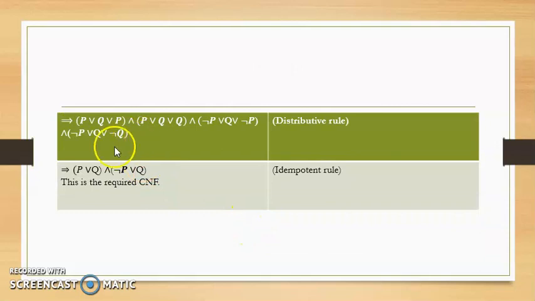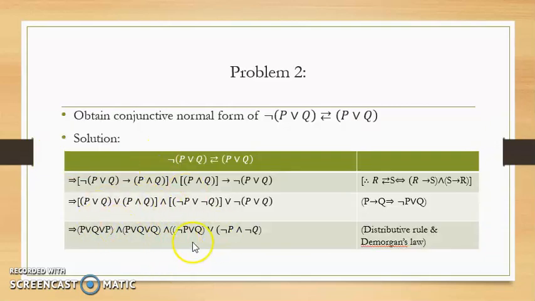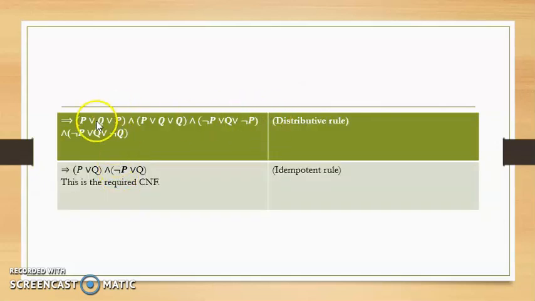In the fourth term, again I apply the distributive rule. If I apply the distributive rule and De Morgan's law, I get P or Q and not P or not Q.